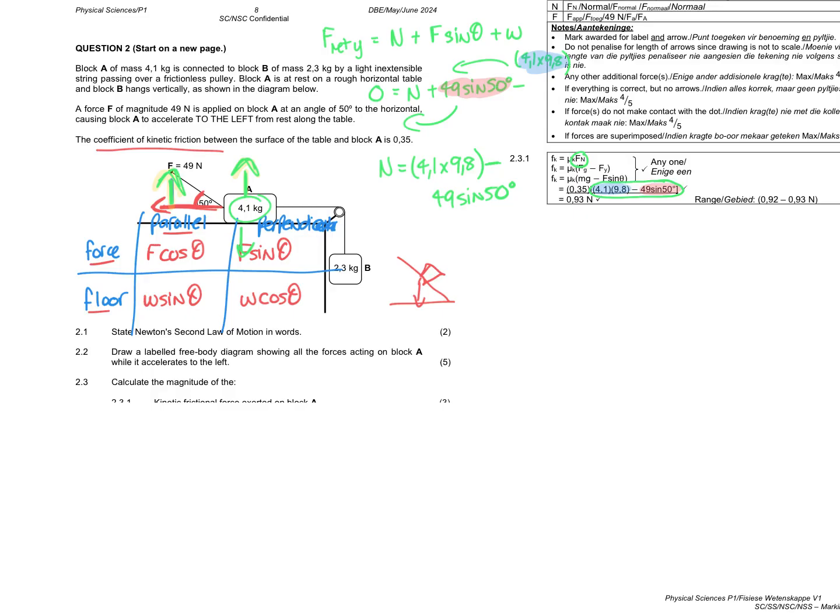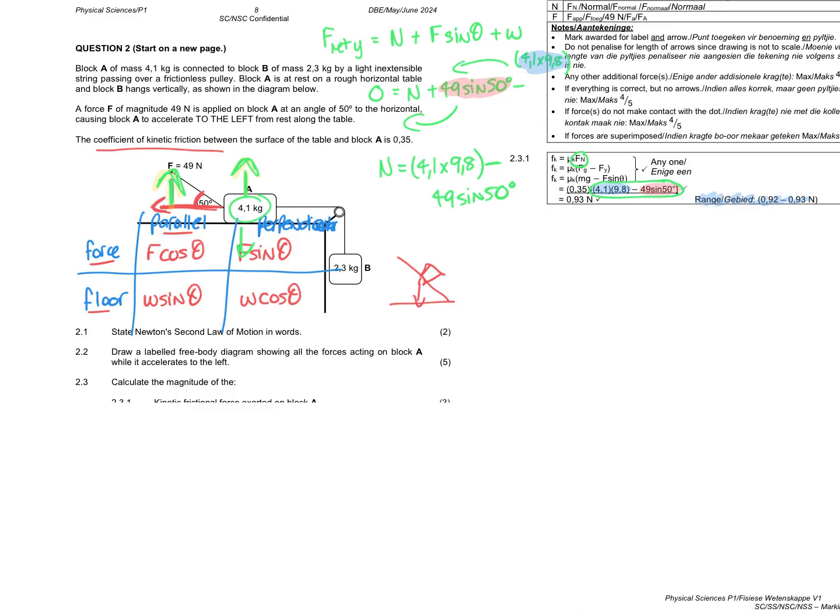And this is what I've been telling you. Normally, most answers have a range, so it varies. If you put at least 2 decimal places, if you have 0,92 something or 0,93 something, you can get the answer right, because the range is between 0,92 and 0,93.